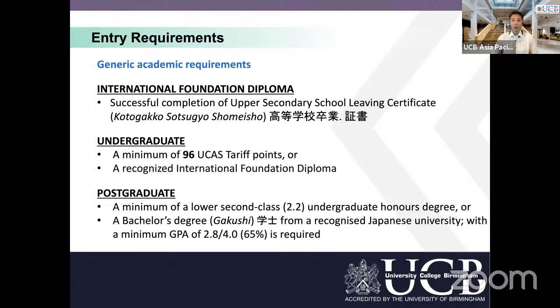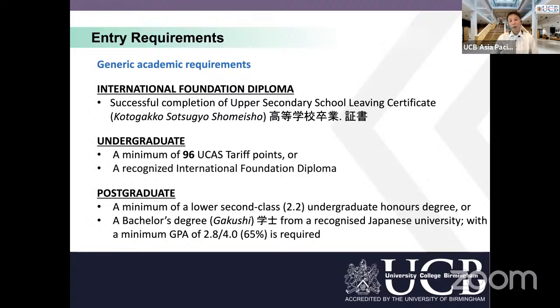For those who want to go straight onto a bachelor's degree or an undergraduate course, if you have taken A levels or the International Baccalaureate, or you have studied the foundation before, you can go straight onto an undergraduate degree program.